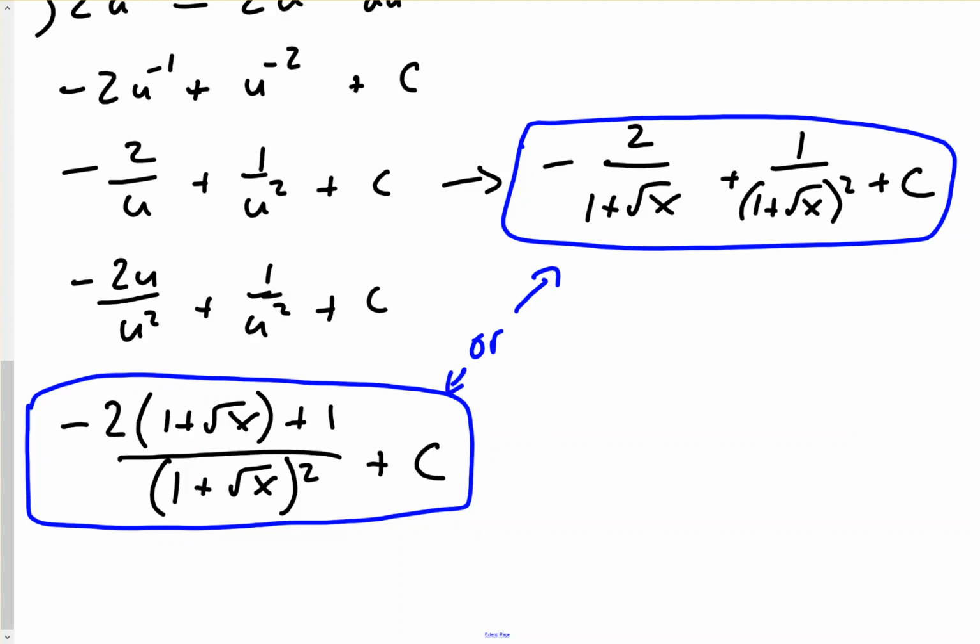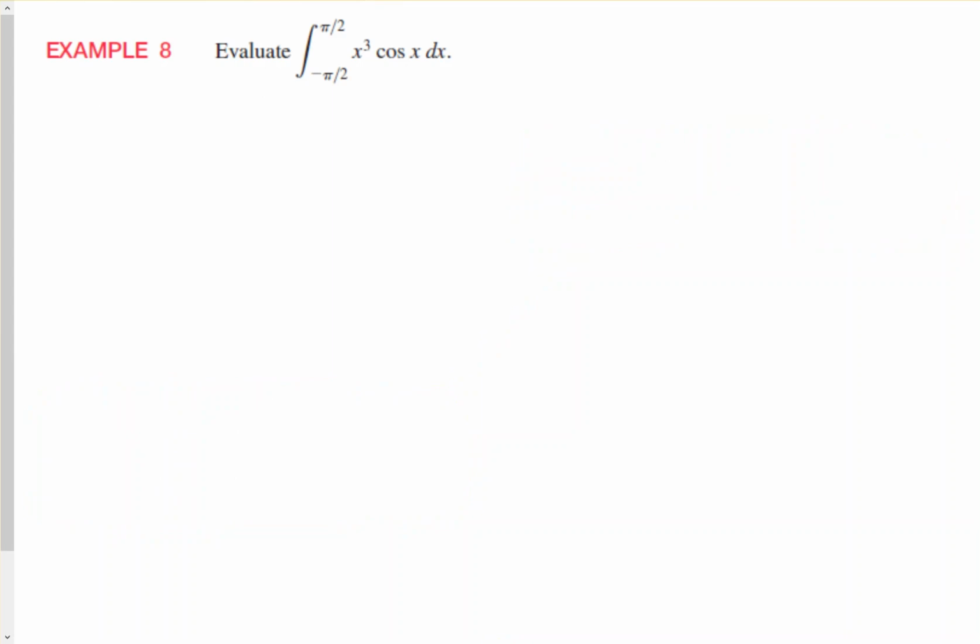Okay. Let's take a look at, this is our last one. Evaluate negative pi over 2 to pi over 2 of x cubed times cosine of x dx. Okay. Well, one thing we notice here is there's no easy way to go about doing this.